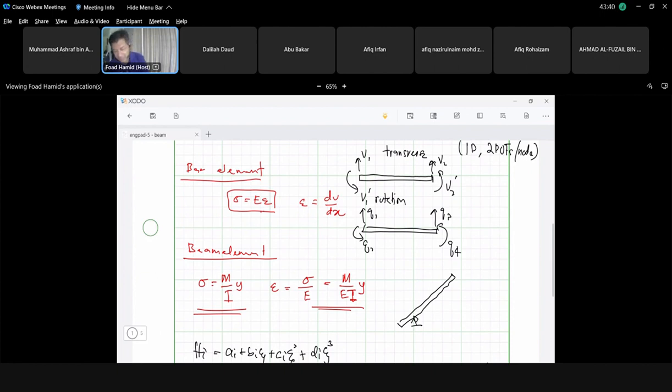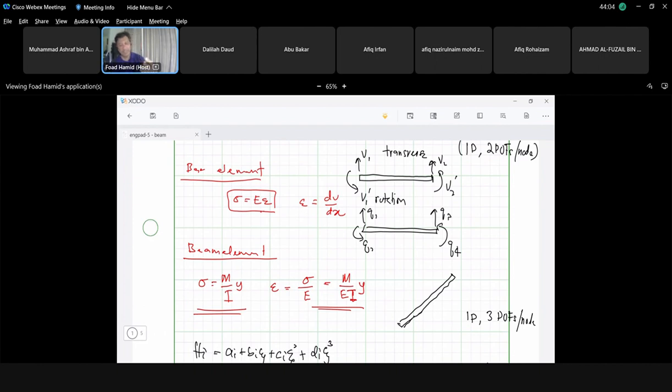So for this case, a frame element, it is still one-dimensional, but 3 degrees of freedom per node. Okay, so this is the frame element.